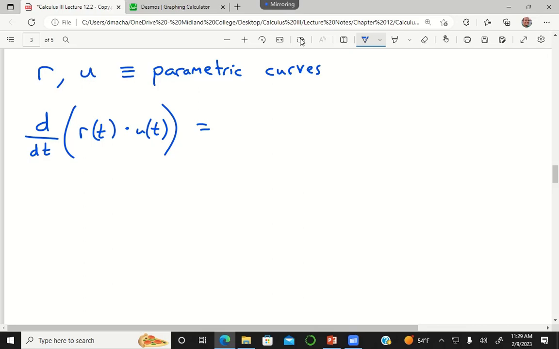And then likewise with u. So you can take the dot product of those two. If you take the derivative of this dot product, what you get is r of t dot u prime of t plus r prime of t dot u of t.